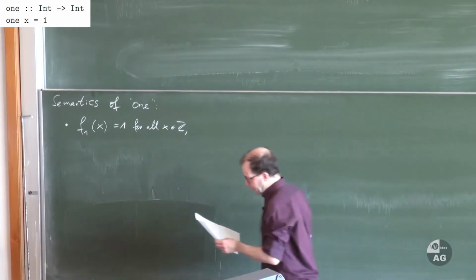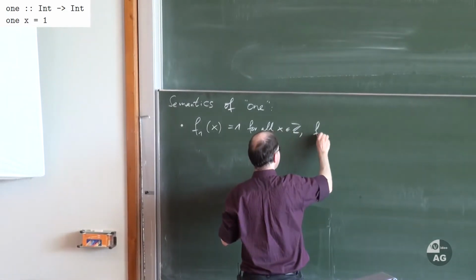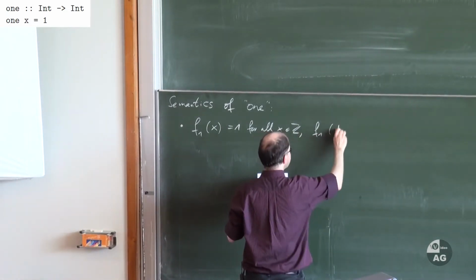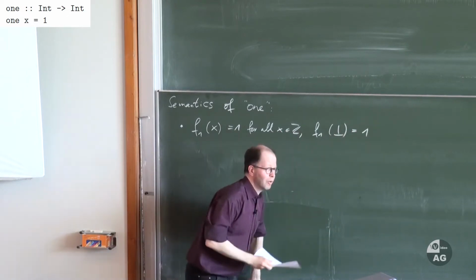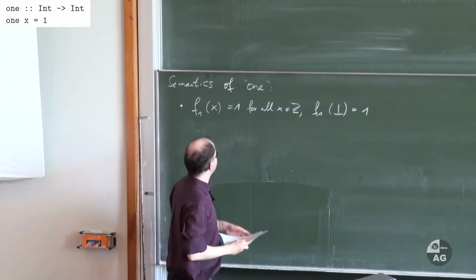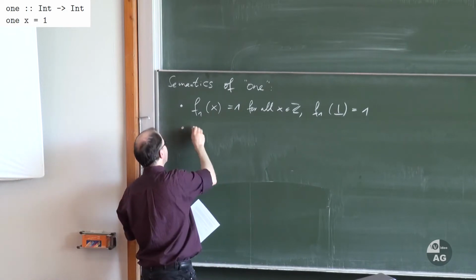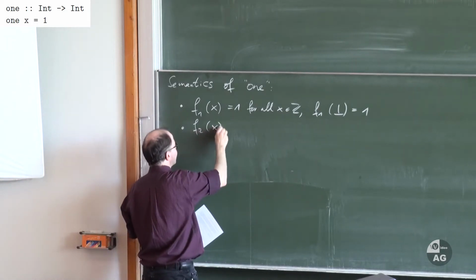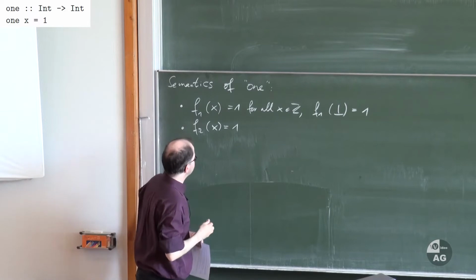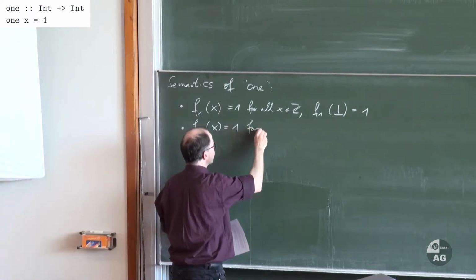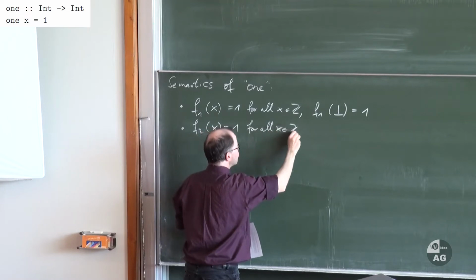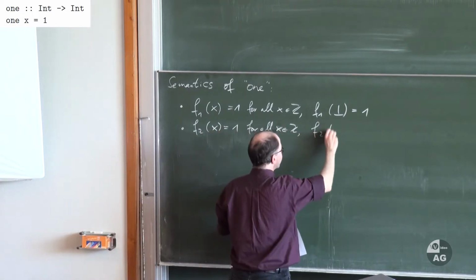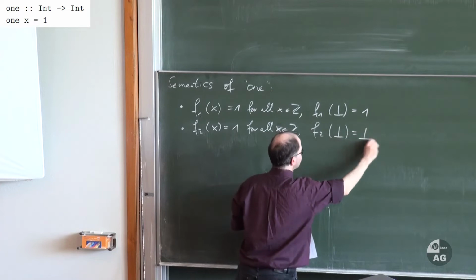So what happens if we apply f1 to bottom? Let's say if we apply it to bottom, the result is also 1. So that's one possibility. Another possibility would be to say, well, as long as we apply it to numbers, it's 1. But if we apply it to bottom, then the result should also be bottom.